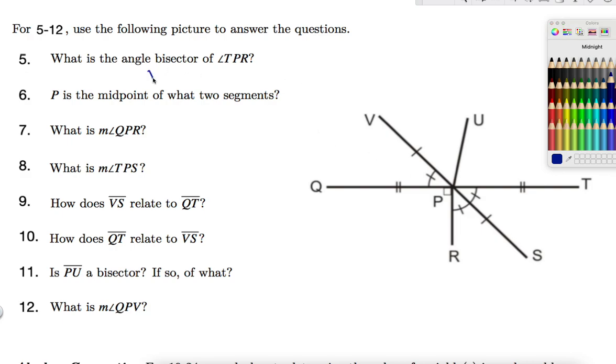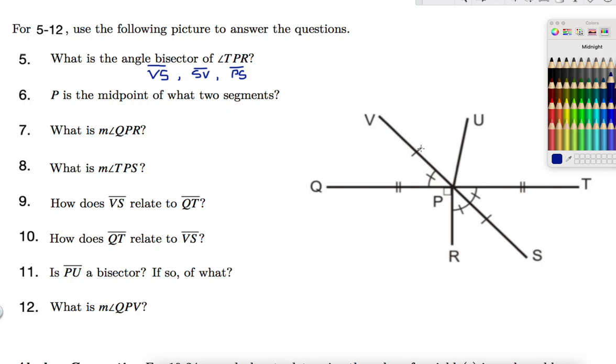We could say, how about segment VS? Works for that. We could have also said segment SV. That's also fine, right? Or even if you wanted to say segment PS, that technically also bisects, P to S or SP or VP.